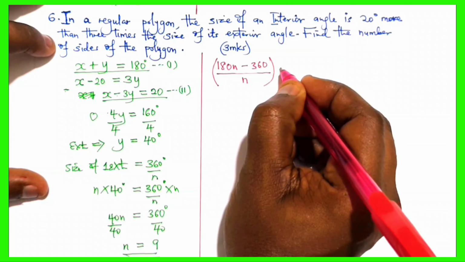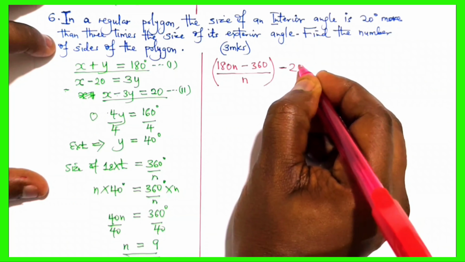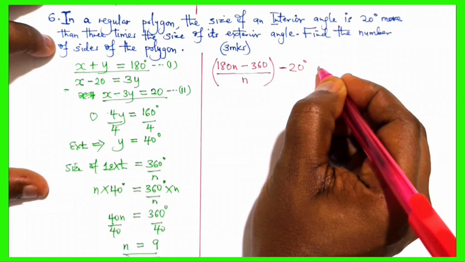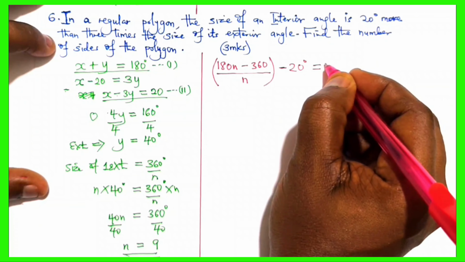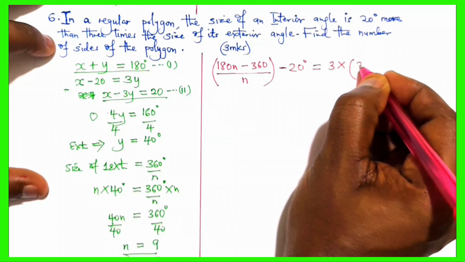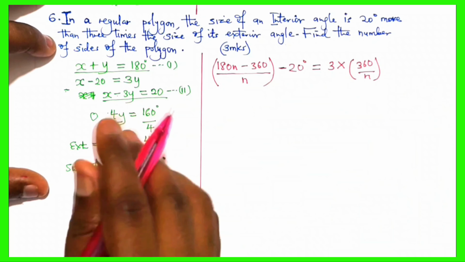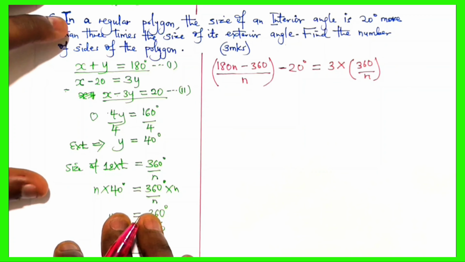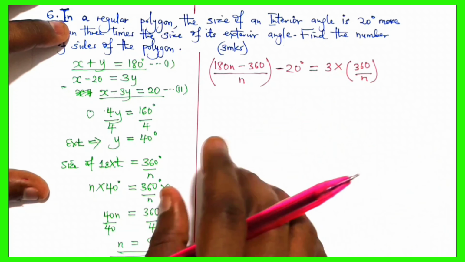So that means when I take the interior angle and I subtract 20 degrees, I will be in a position to get 3 times the size of the exterior angle, which is 360 degrees over n. And therefore, all I need is to solve for the value of n in this equation.